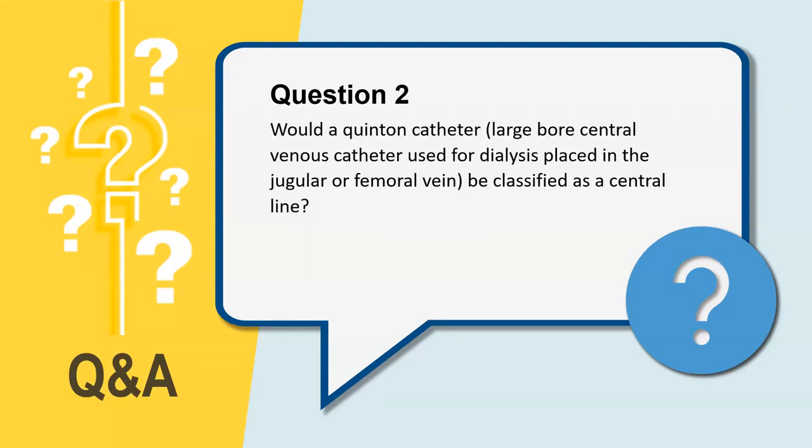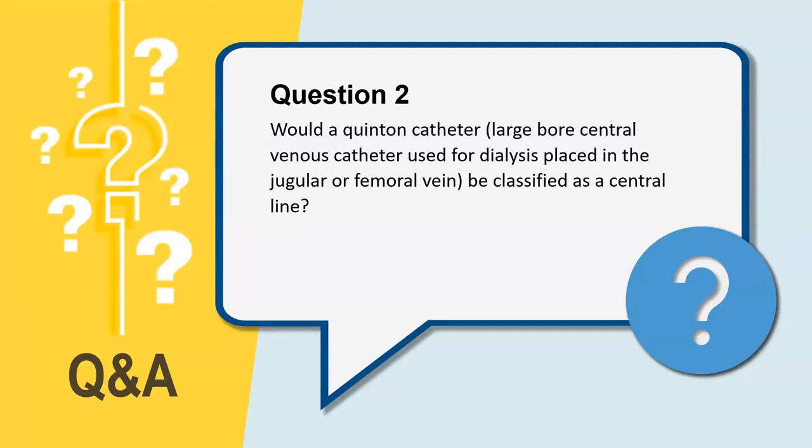Great, thank you for that clarification. Question 2, would a Quinton catheter, a large bore central venous catheter used for dialysis, placed in the jugular or femoral vein, be classified as a central line? IV access identifies a catheter inserted into a vein for a variety of clinical reasons, including long-term medication administration or large volumes of fluid, frequent access for blood samples, IV fluid administration, and in some instances, measurement of CVP.